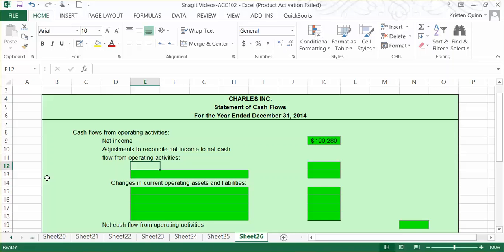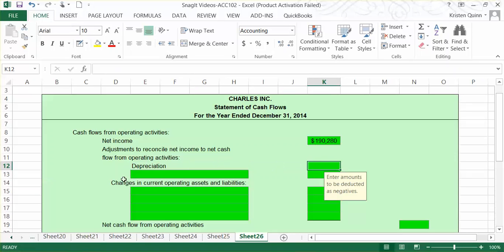Remember, depreciation has no cash impact. Our journal entry for depreciation is a debit to depreciation expense and a credit to accumulated depreciation. They tell us that this year there was $124,800 in accumulated depreciation, and last year there was $111,000 in accumulated depreciation.